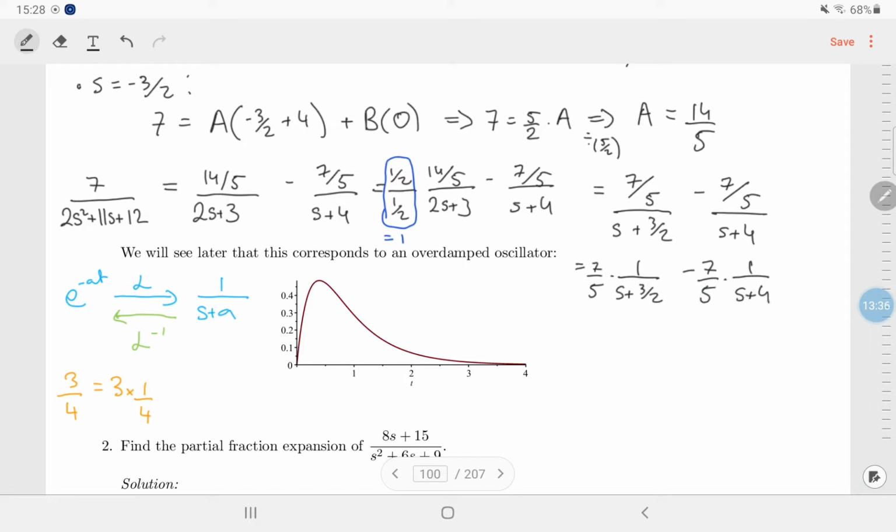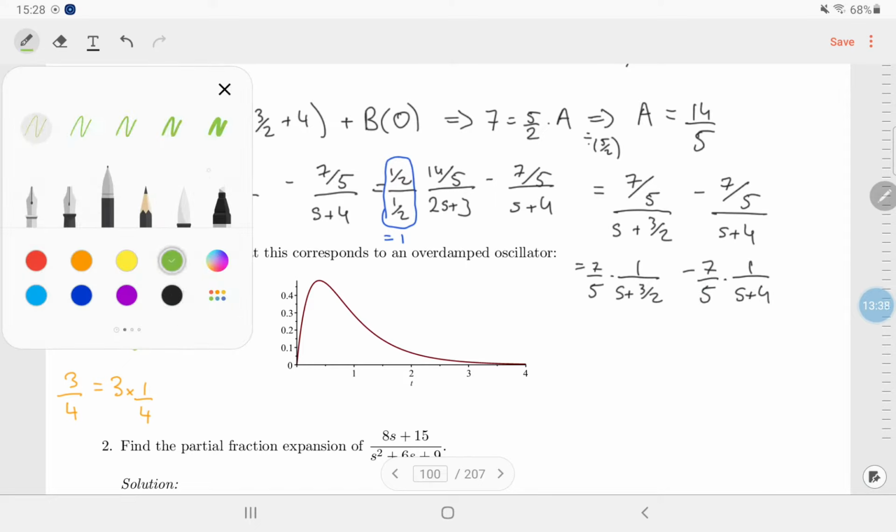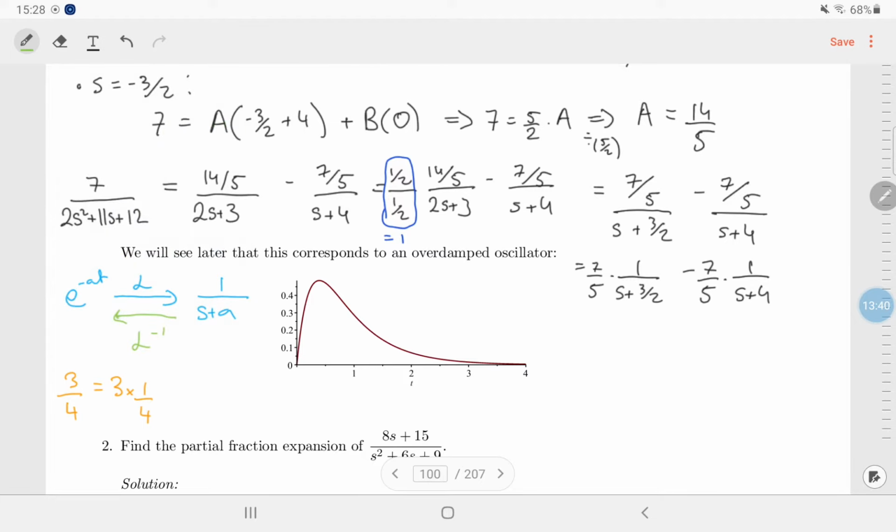And now we can send this back using the inverse Laplace transform. So this goes back to the time domain, fix the 7/5. What does 1 over s plus a go back to? e to the minus at. So this goes back to e to the minus 3 over 2 t. Fix the minus 7/5, because the Laplace transform is linear.